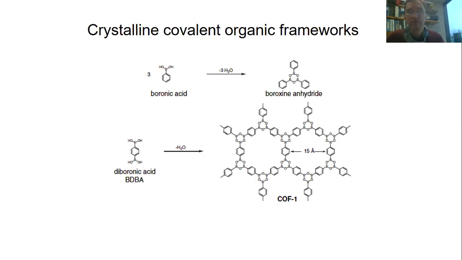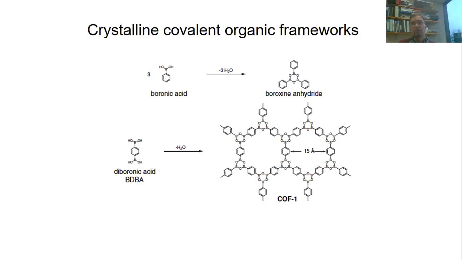Only when the bond remains labile enough can the system self-repair into the thermodynamic minimum, which is then the crystalline structure shown here, which has these very periodic arrays of pores, which are 1.5 nanometers in diameter.